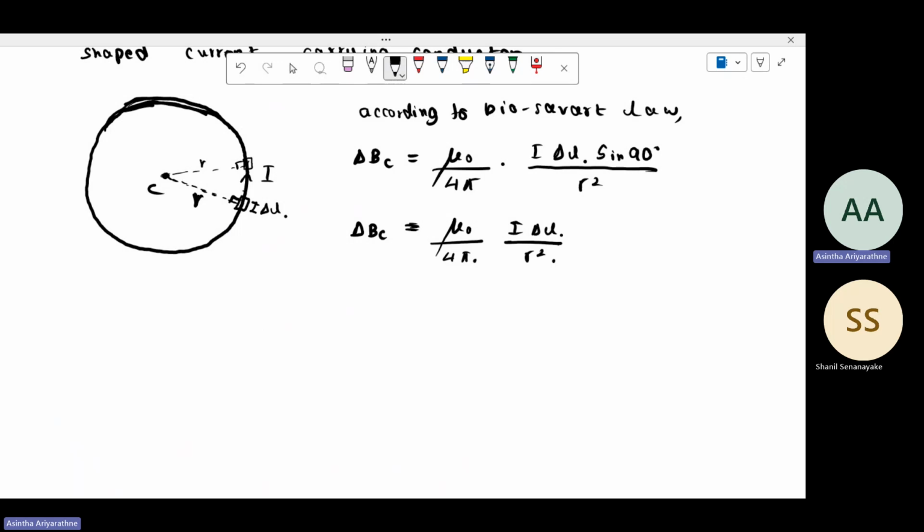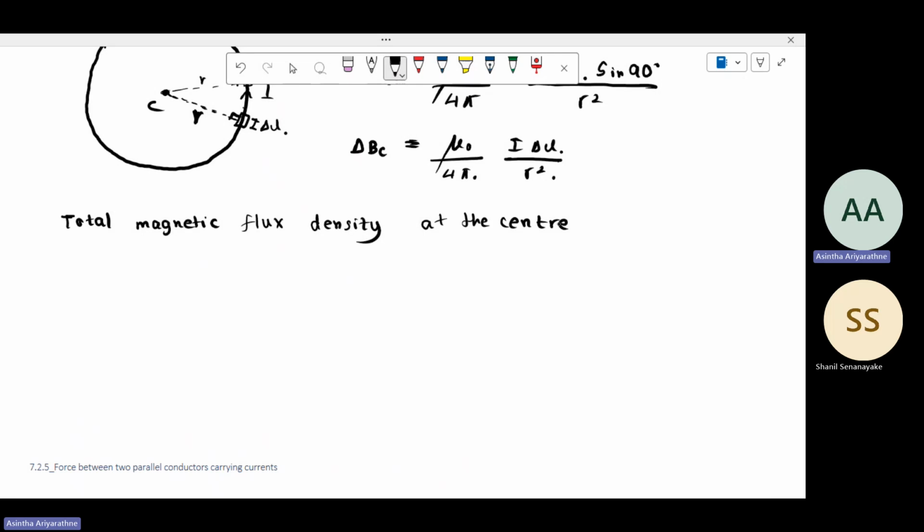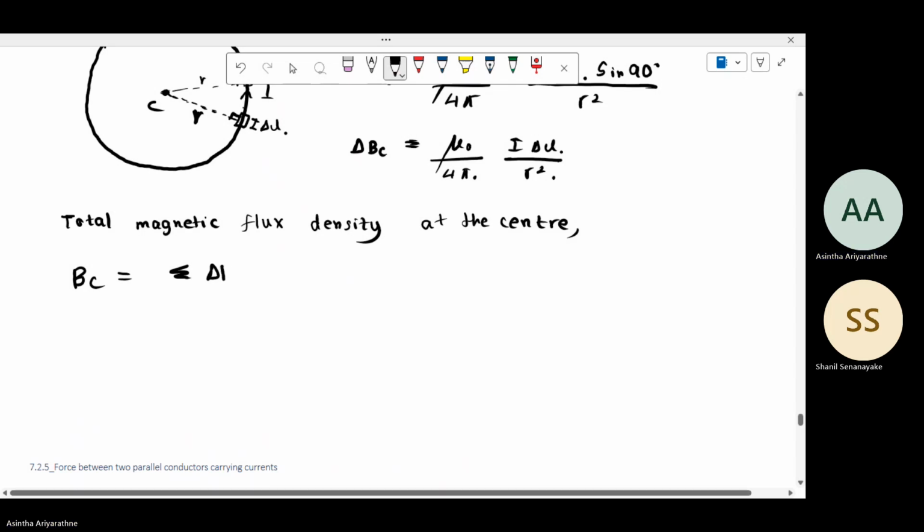We have to just add these delta Bs. So the total magnetic flux density at the center, let's say B_C, is the addition of these small parts of magnetic flux density.